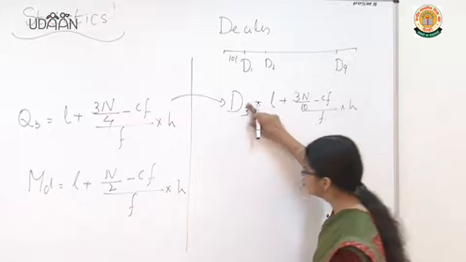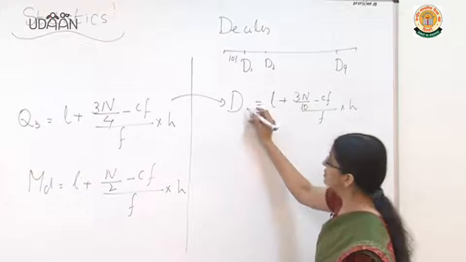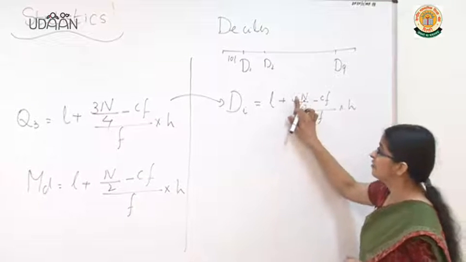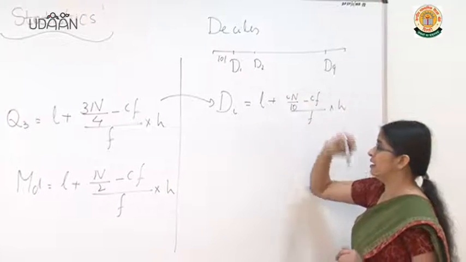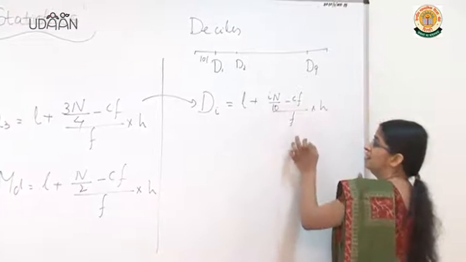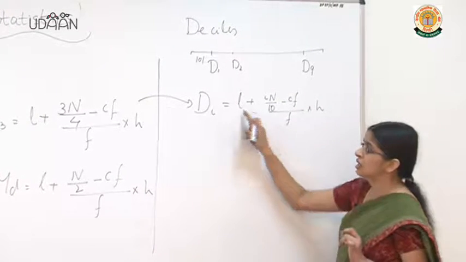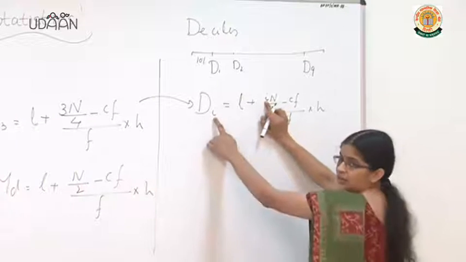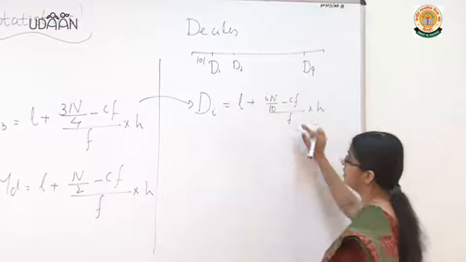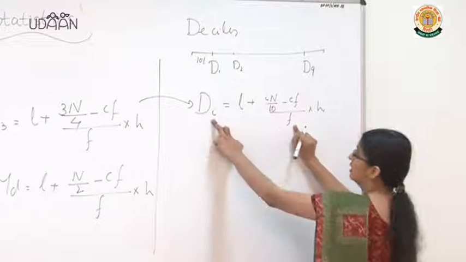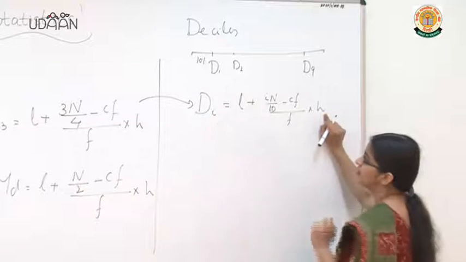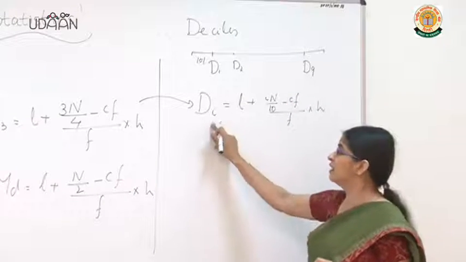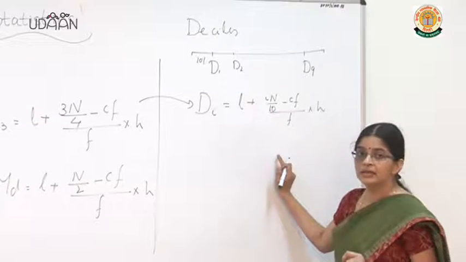So, I am writing a general one for the ith decile: Di is equal to L plus, instead of 3 I will write i, i n divided by 10 minus Cf divided by f into h. L is the lower limit of the Di class, i is which decile you are going to find, n is total frequency, f is frequency of the Di class, h is the class interval and the cumulative frequency of the preceding class of Di class is denoted by Cf.